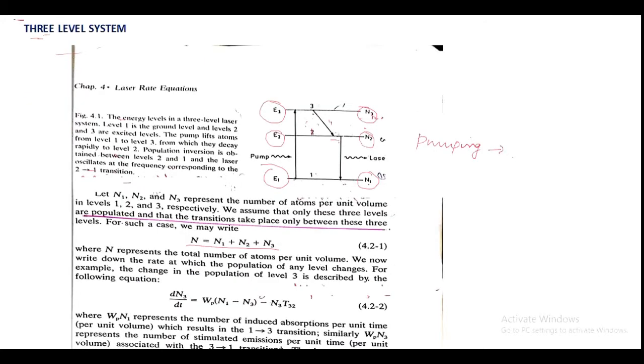Here the pump is applied for the transition from level 1 to 3. That is, the pump lifts the atoms from level 1 into level 3, from which they decay rapidly to level 2 through some non-radiative process.